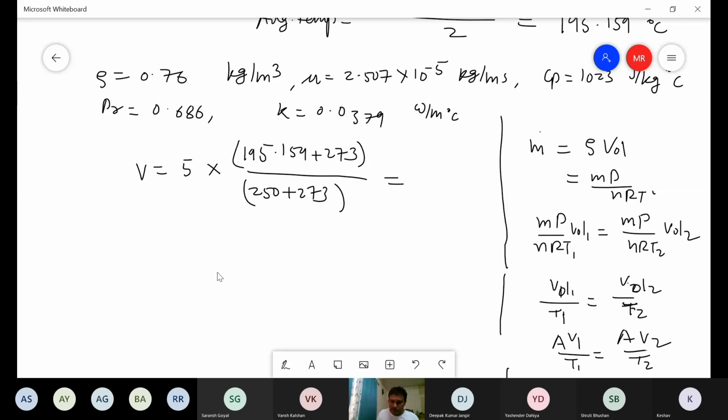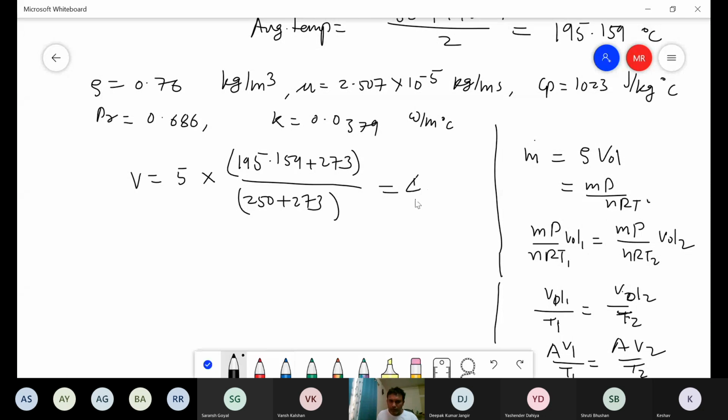So this becomes 4.475 meter per second. Okay, so now again we have to do all the calculation with these new values.